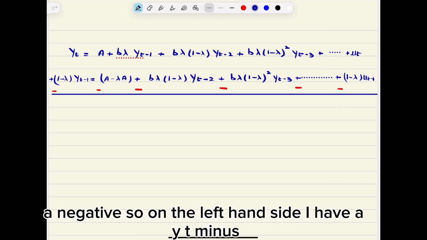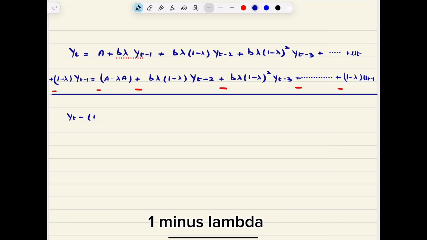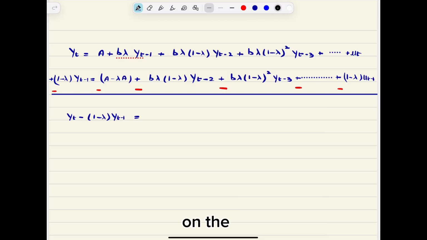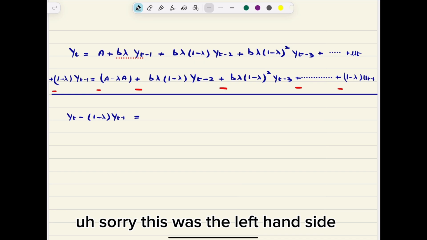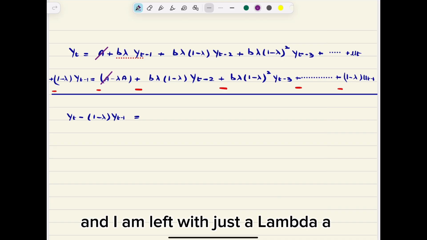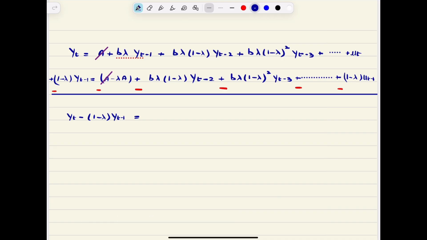So on the left hand side, I have y_{t-1} minus lambda into y_{t-1}, right? That's easy to see. Sorry, this was the left hand side. On the right hand side, we can see an a cancels out with an a, and I am left with just a lambda a.